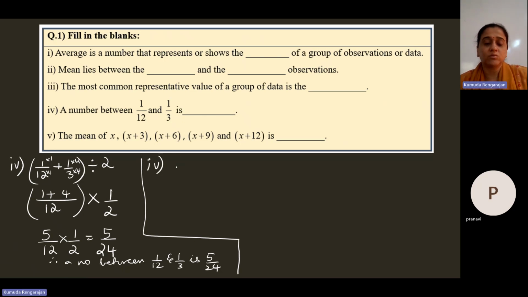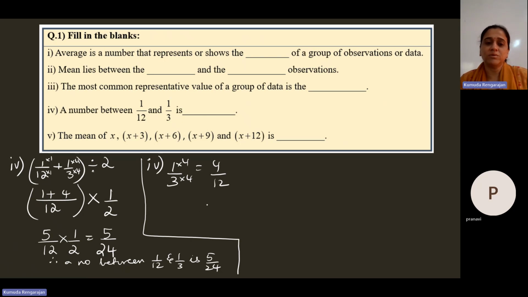what's the LCM of 3 and 12? 12, right? So 1 by 3 into 4 into 4 is 4 by 12. So 1 by 12 is 1 by 12, and 1 by 3 is 4 by 12.